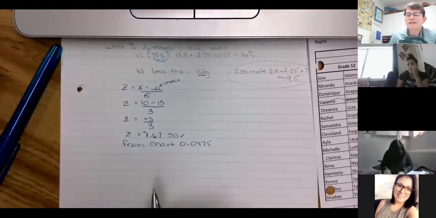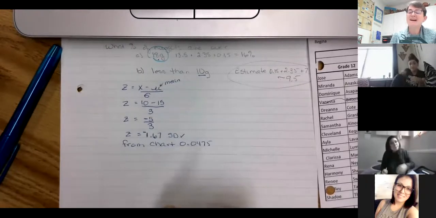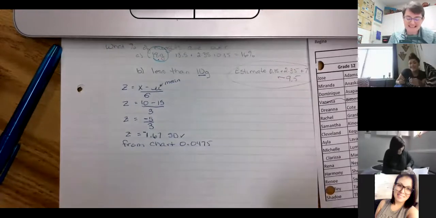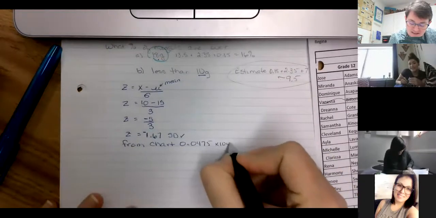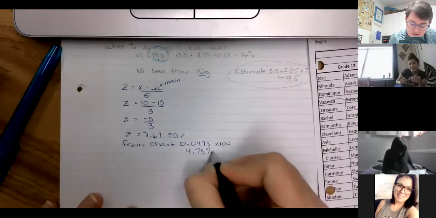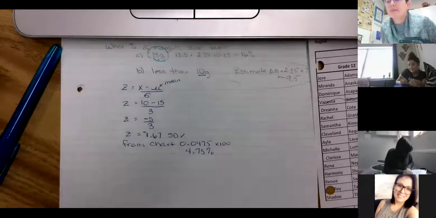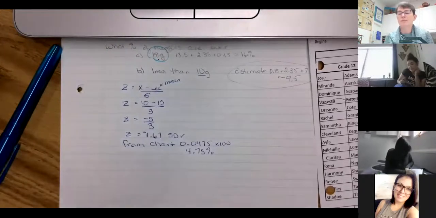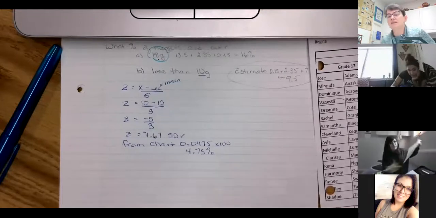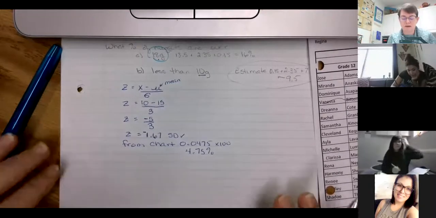That's not a percent. Hey, Harmony, what should I do now? Multiply it. Nice. Exactly. We go times 100, so you get 4.75%. That's the point of the table. That's the point of the Z-score, is to let you do the questions when you don't have the numbers across the bottom.